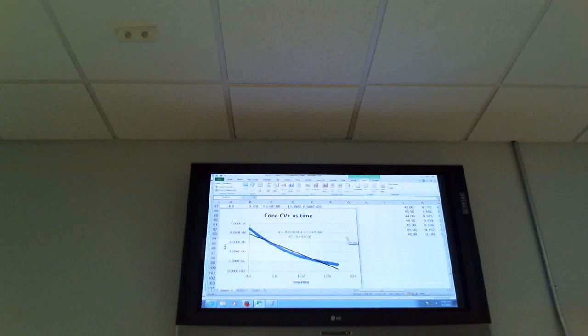Is that a perfect fit? That's an awful fit, but look at the R squared. The R squared is 0.949, like 0.95. If you have an R squared of 0.95, is that good? No, it's not good, as you can see by the line.